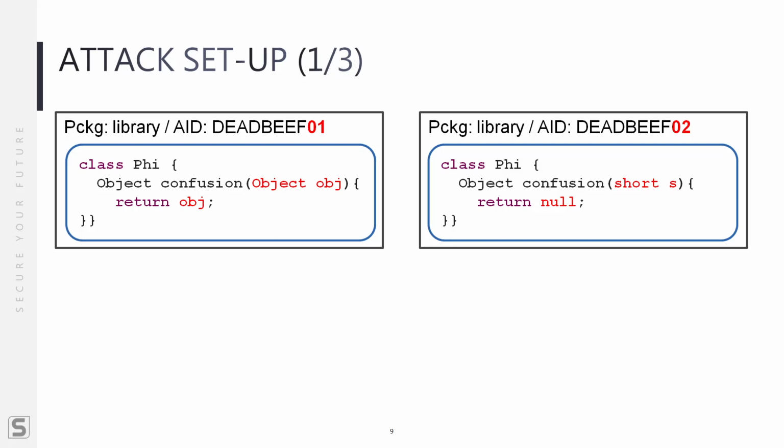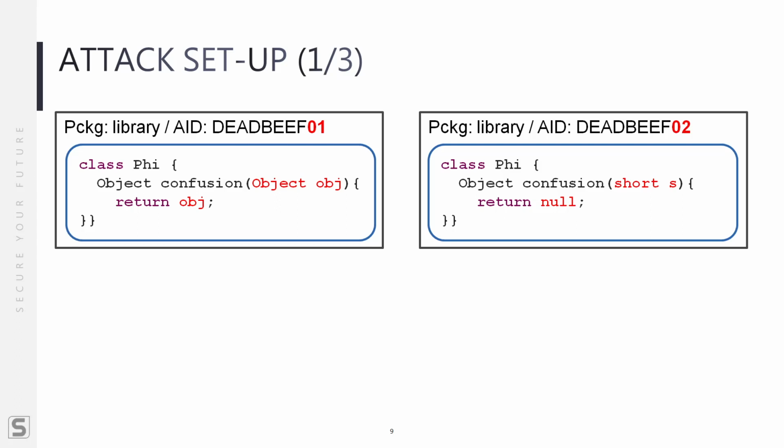Okay, so let's consider two packages. They both have the same name, which is library. However, each one has a different AID value, deadbeef01 and deadbeef02. In each package, one class is defined with one method called confusion. In both classes, the method return type is object.